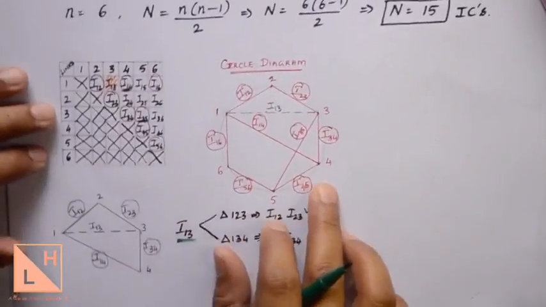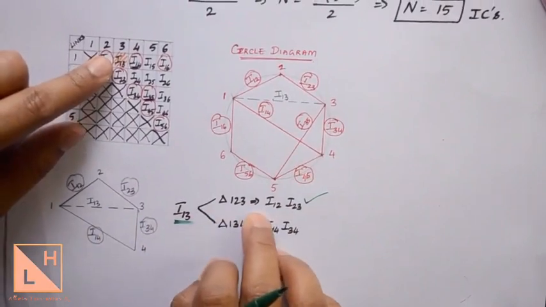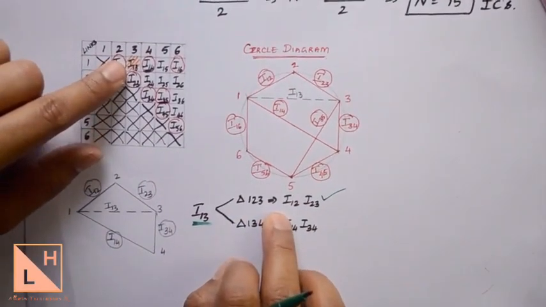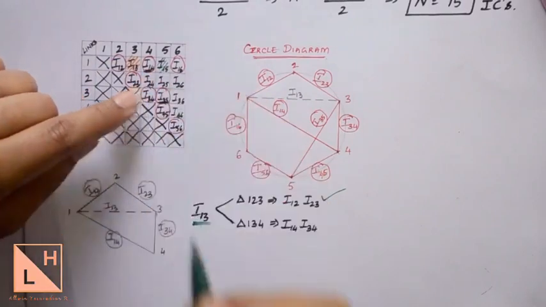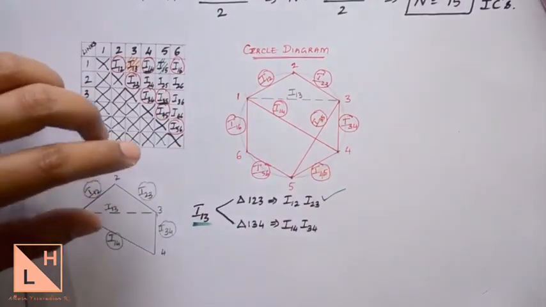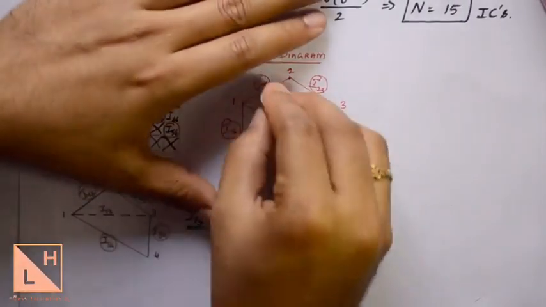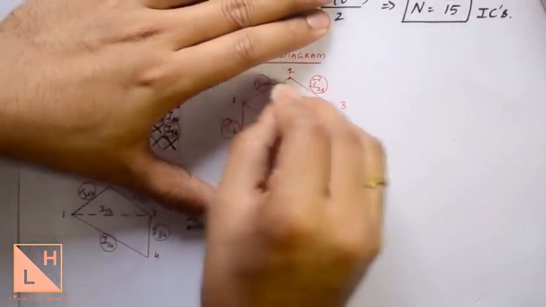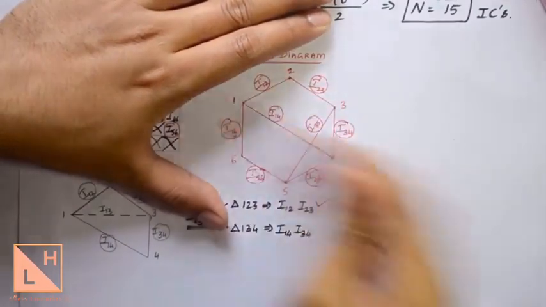We need to repeat the same kind of process for all the remaining ICs. Right now we have done this only for I13. Let us do the same for the next point, say I15. So select I15 and join them with a dotted line. If you are using a pencil, it will always be helpful so that you can erase them, and use the same circle diagram to identify the triangles and the sides to be connected and extended.